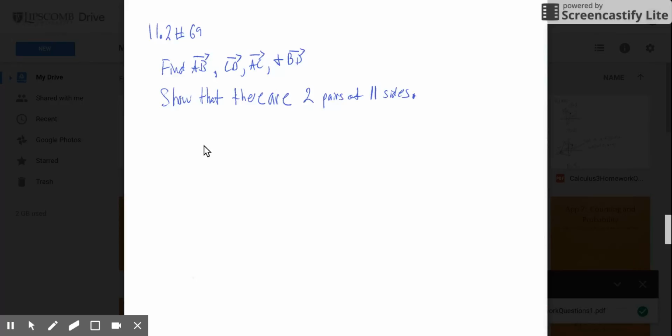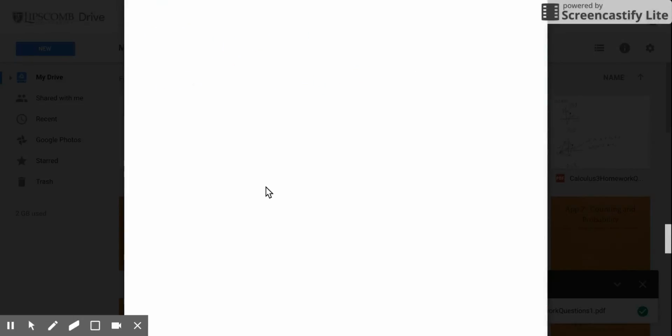We're asked to show that they are indeed vertices of a parallelogram. We got lots of ways to do that. So again, you could use the fact that parallelograms, their opposite sides are parallel, and we have a way of talking about parallel vectors. You could use the fact that their opposite sides are congruent. We have a way of talking about that as well. And so you really could choose anything there.